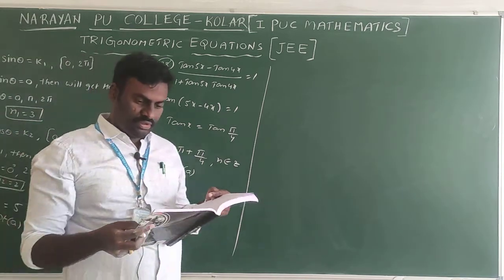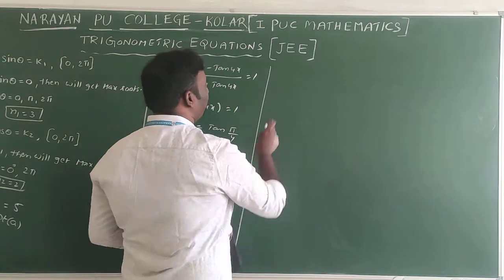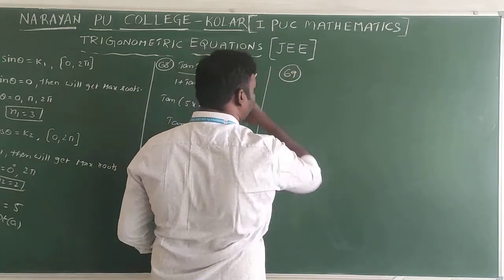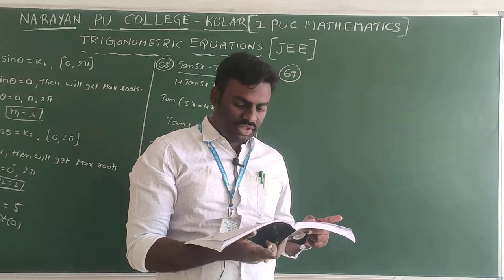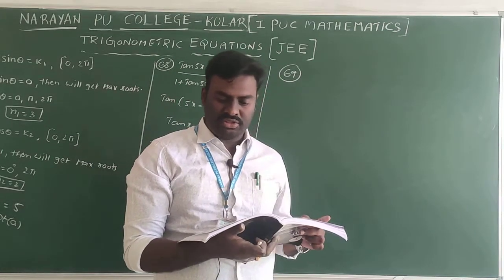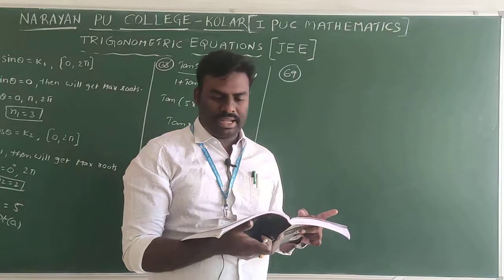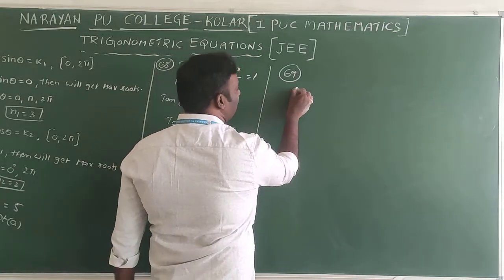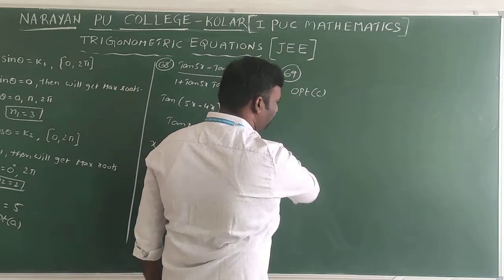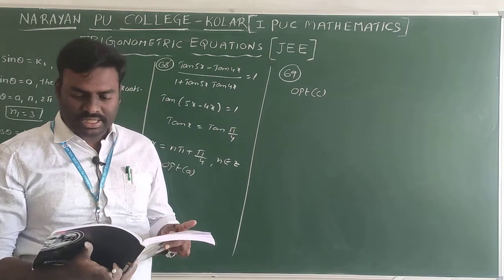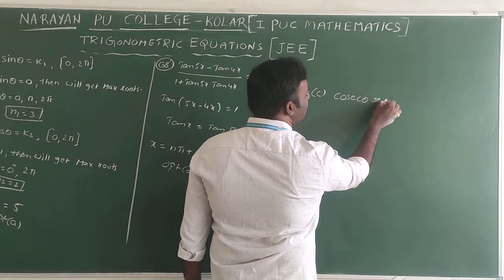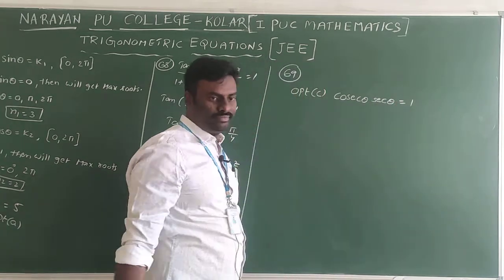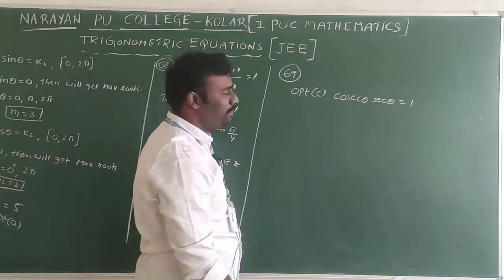Next, for 69. In question 69, which of the following equations has no solution? See, I am taking option C. Why? Because in option C the condition cosecant theta secant theta is equal to 1 does not have a solution.